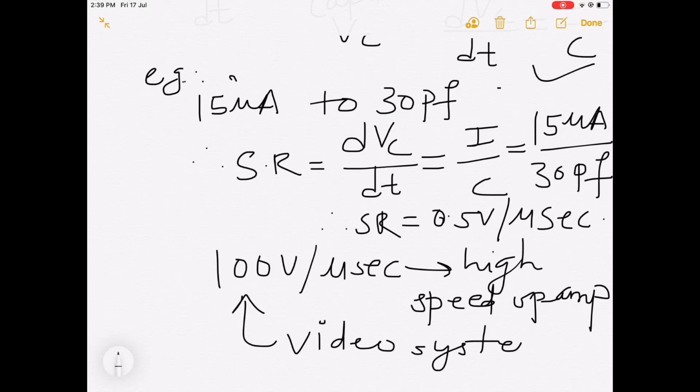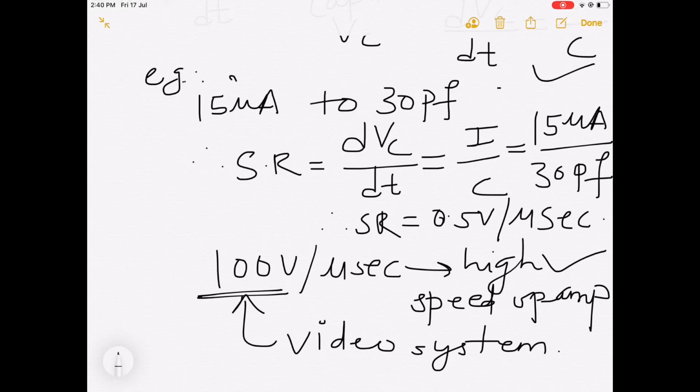As all of you know, for a video system, as input changes within microseconds or nanoseconds, your image should get changed, right? So for that your slew rate should be very high, that means 100 volts per microsecond. So for that we can use high speed op-amps.